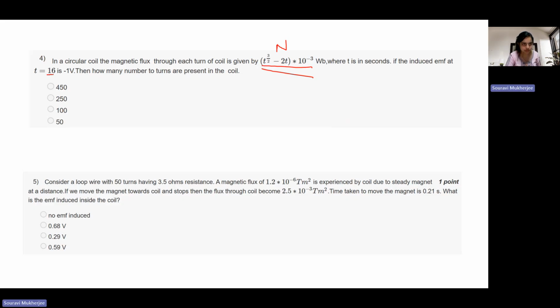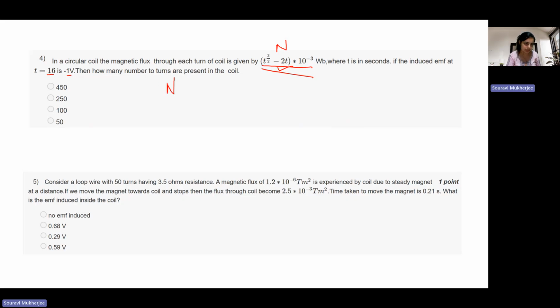For t equal to 16, it is known to be minus 1. So if you know the derivative of this function, you put in the value of t equal to 16 and equate N into minus d phi dt, where phi is given by this function, equate it to minus 1, and then find the value of N, right?